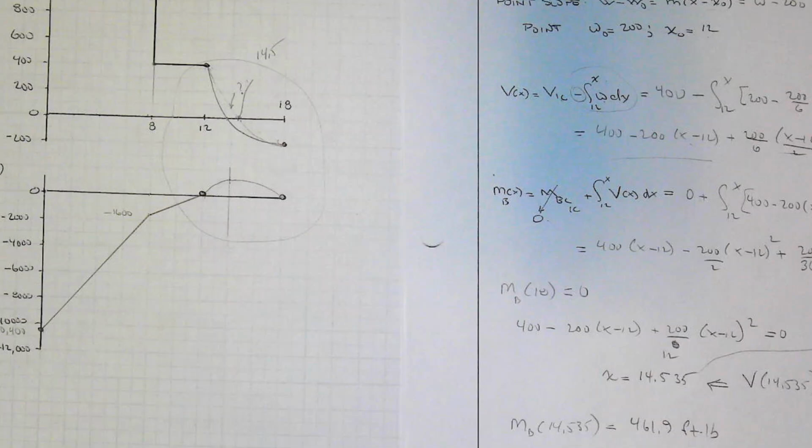So you would simply have to say 400 minus 200 x minus 12 plus 200 on 12 x minus 12 squared equals 0. All right, this is a quadratic. You can solve it a number of ways. I will leave that for you to do. If you do this, you will find this is zeroed out at x equals 14.535.